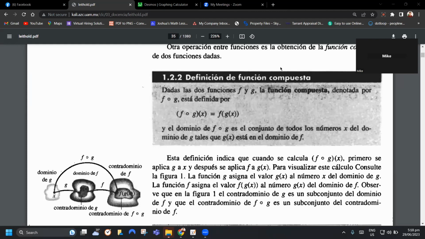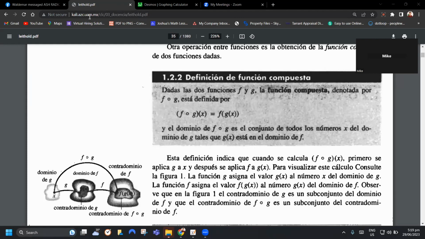So evaluate g at x in sequence, then plug the resulting value into f. Look at the diagram. The f circle g is a function that goes directly from x to the range of f, f of g of x.